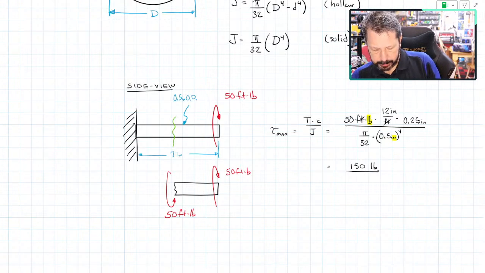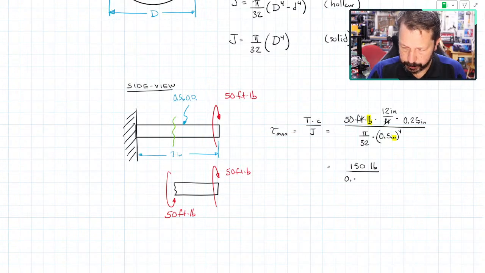Pi divided by 32 times 0.5 to the fourth, 0.00614 inches cubed. So I've got my pounds per square inch. 150 divided by 0.00614.